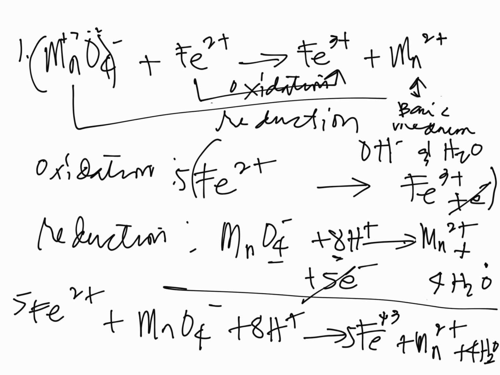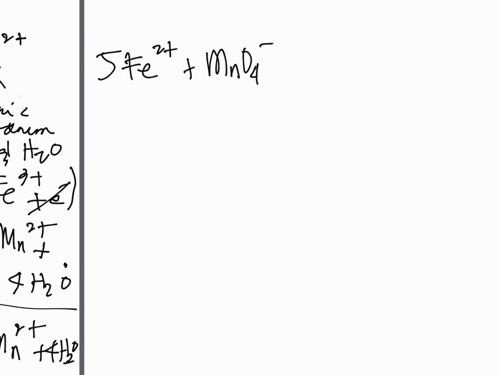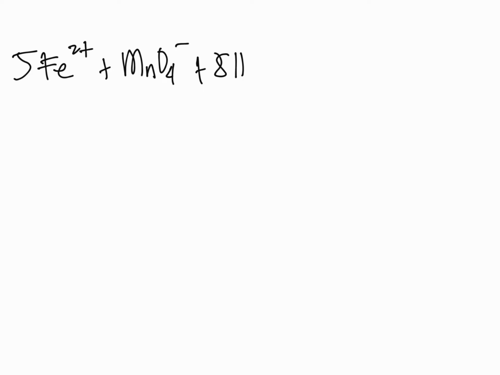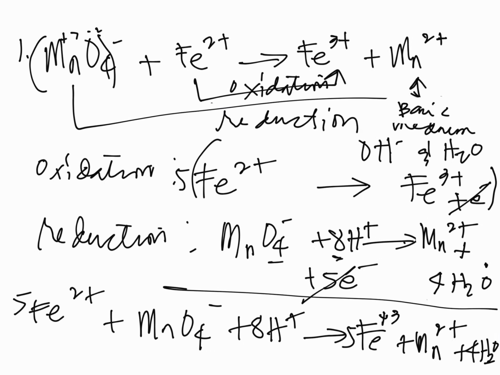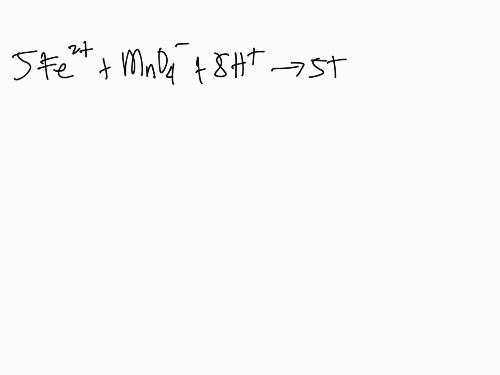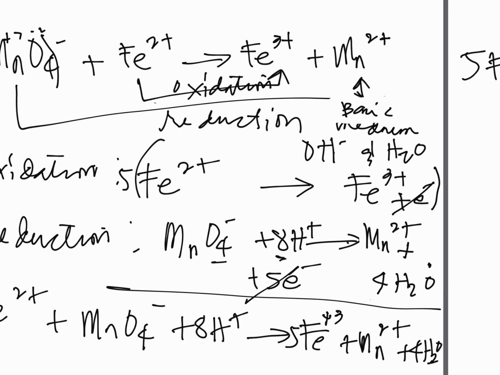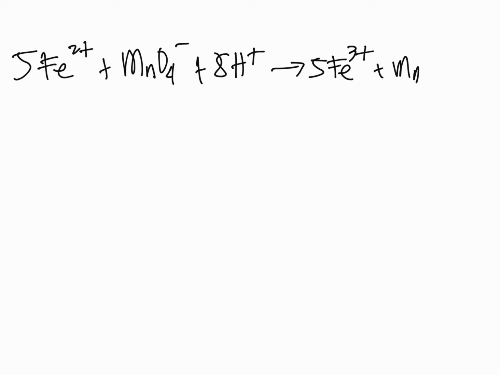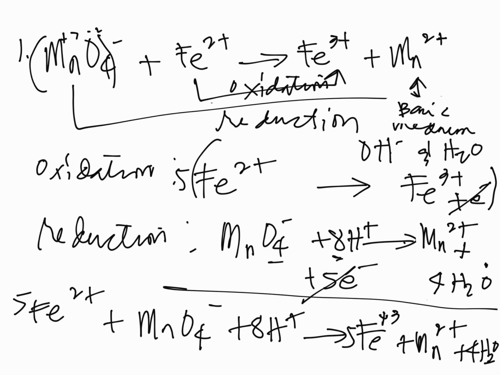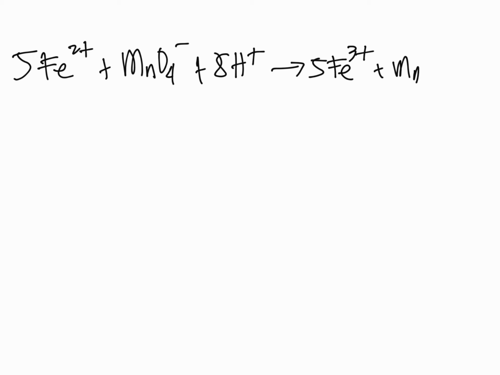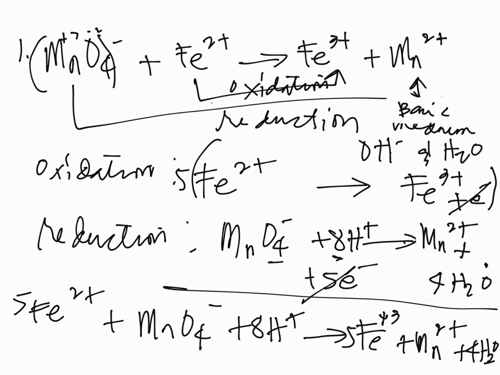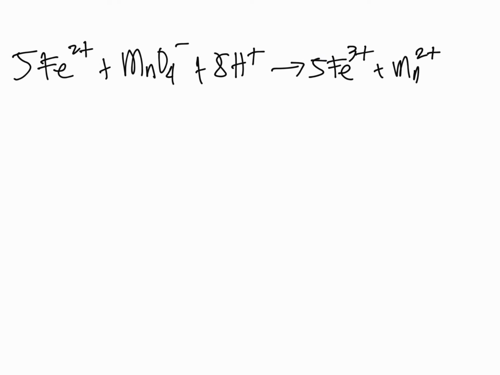Rewrite: 5 Fe2 plus, MnO4 negative plus 8 H plus, then 5 Fe3 plus, Mn2 plus, and 4 water.